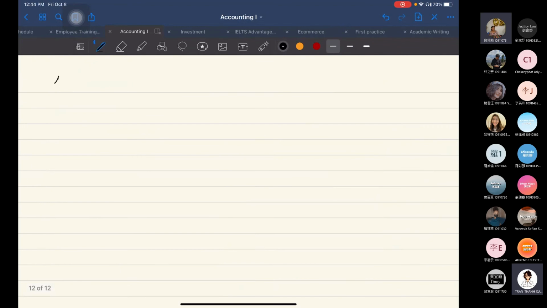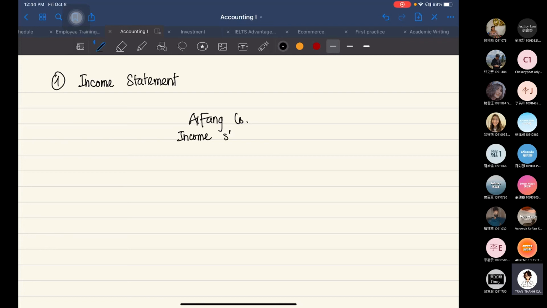First, we need to do the income statement. You can see my screen clearly, right? Yes. I'm sorry if my handwriting is not perfect, so if you cannot read something, just let me know.